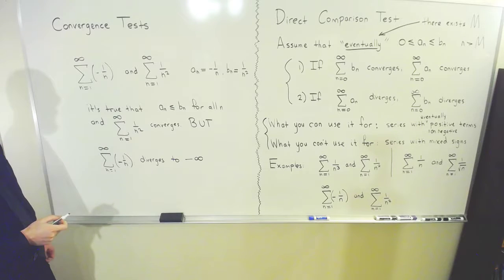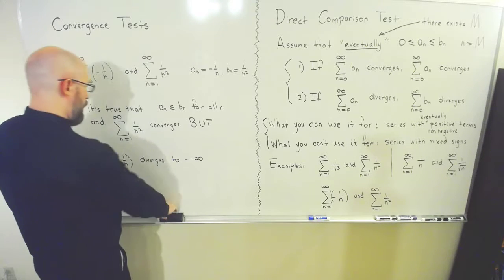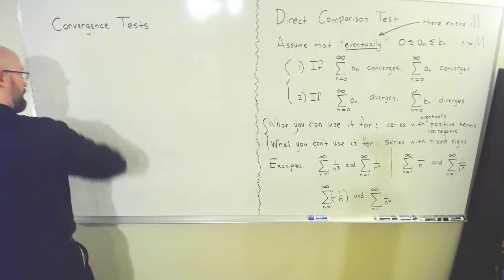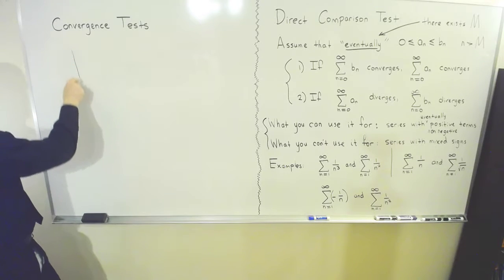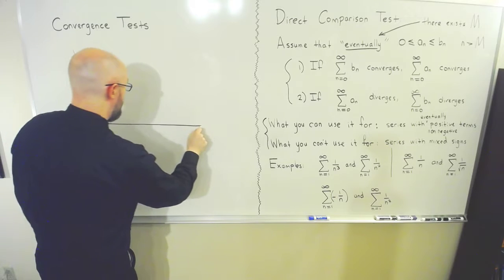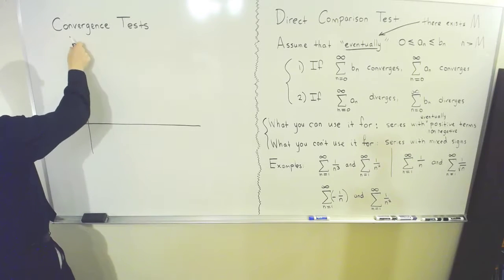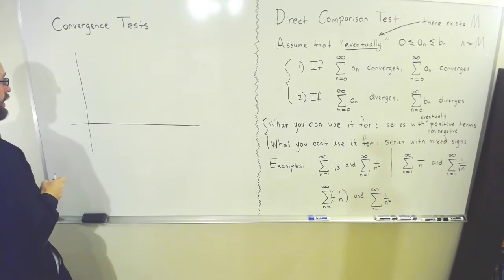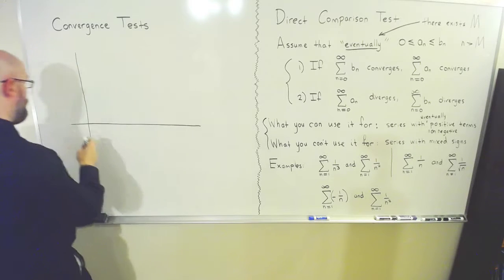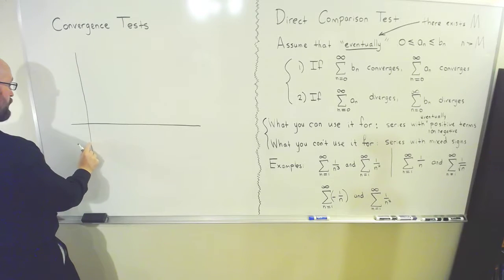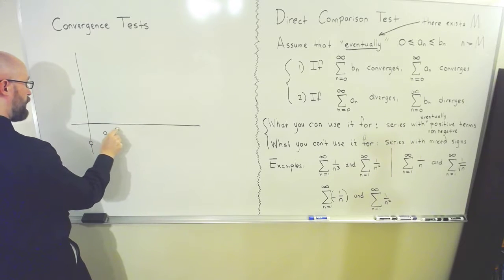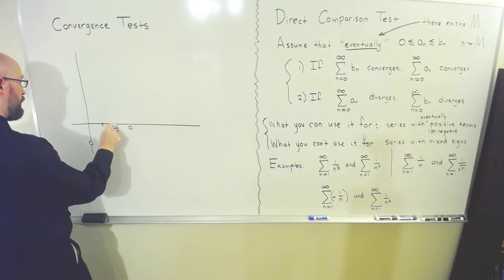Now, of course, I'll have to erase this in order to draw what this looks like. I'll do the an's, the smaller ones, with open circles. So this was minus 1, minus 1/2, minus 1/3, minus 1/4, and so on.